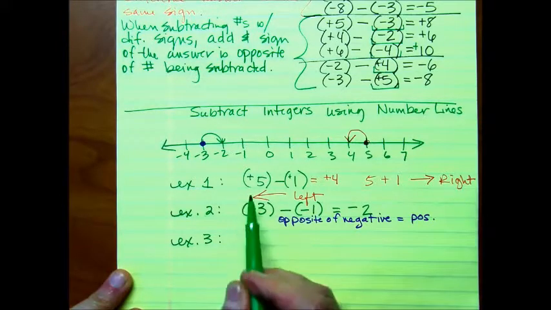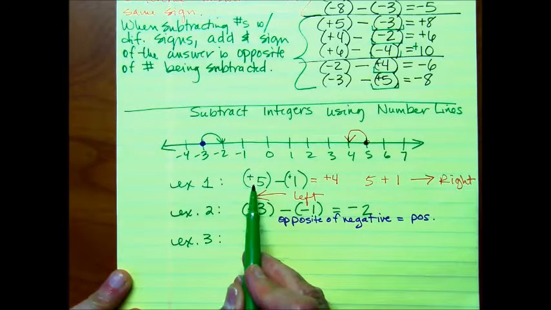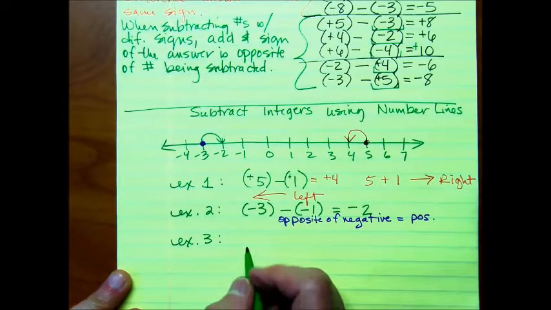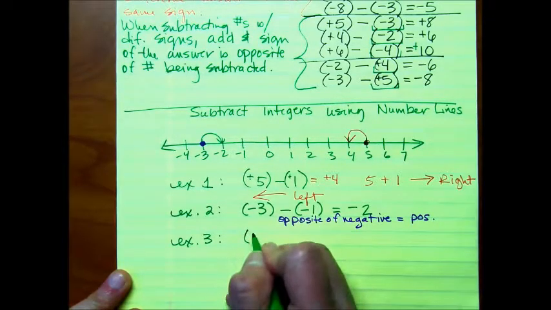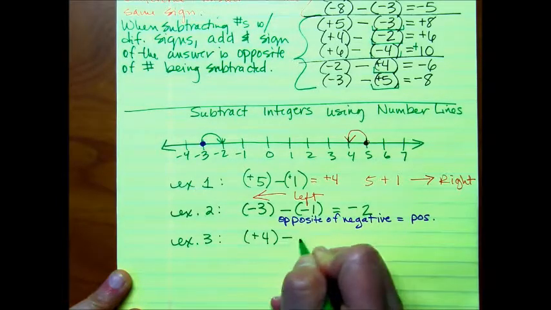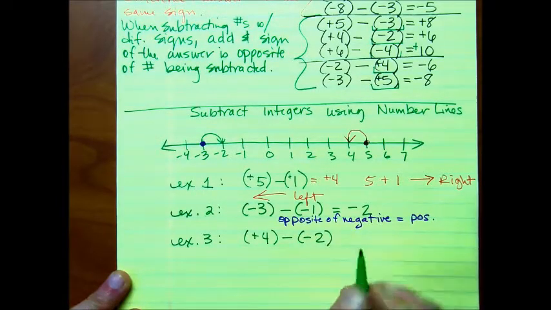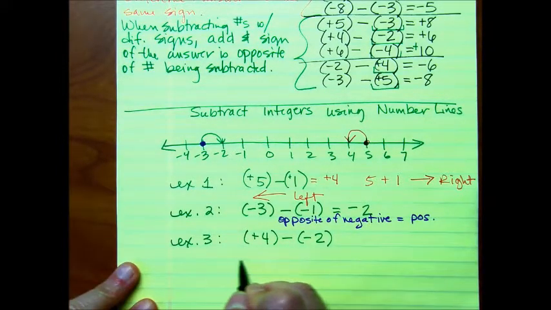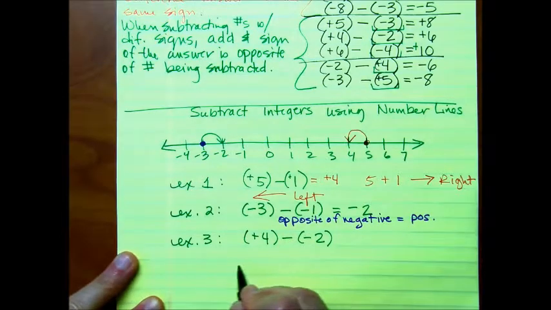Now, in both of these, 1 and 2, both numbers were the same sign. Okay, let's mix it up. Let's have a positive 4, and let's take away from that a negative 2. Positive 4, negative 2. All right, so I'm going to go ahead and let me draw another number line because it's getting a little crowded here.